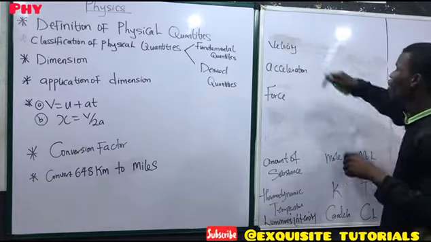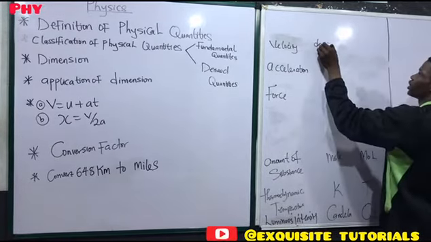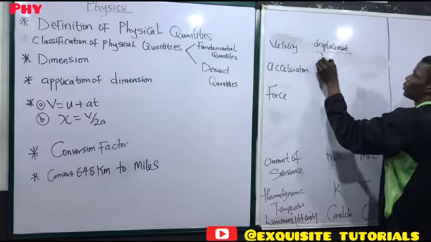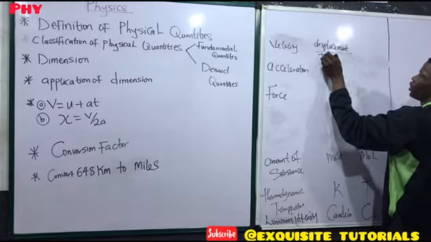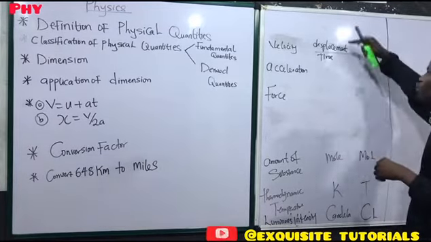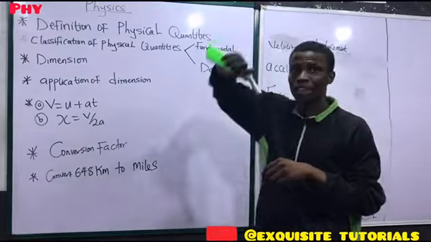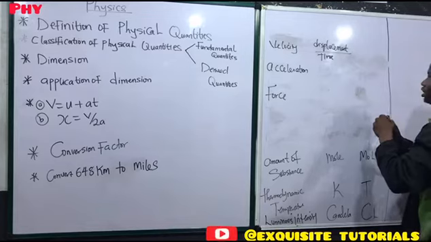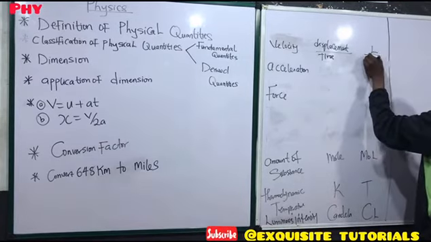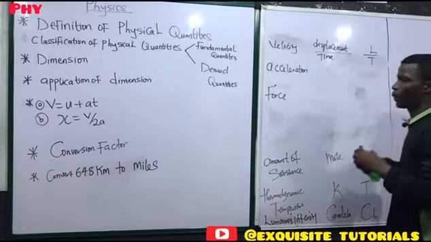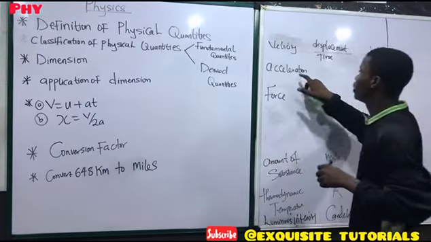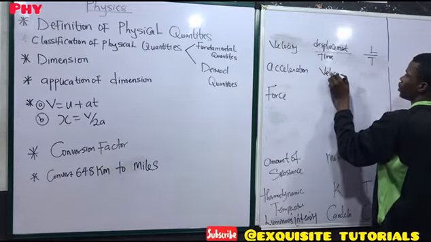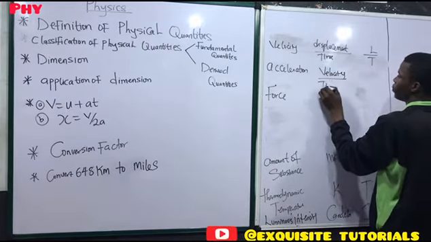So the velocity is our displacement over the time. Our displacement is the same thing as our length from our fundamental quantities, and the short form for representing the length is L over T. Then the acceleration: our acceleration is velocity over time.